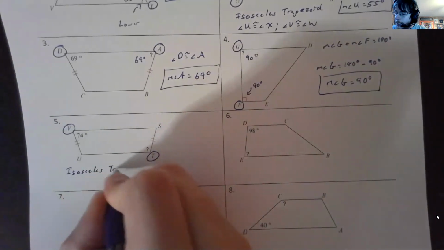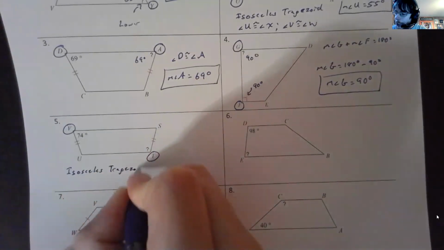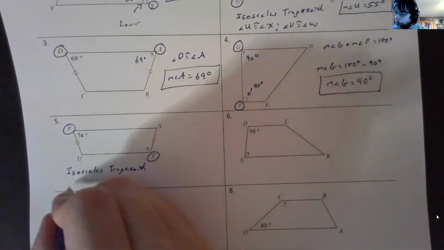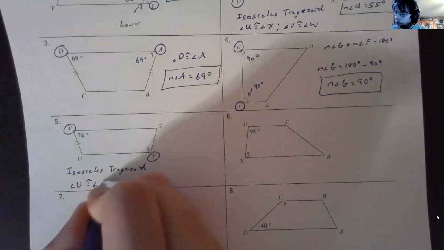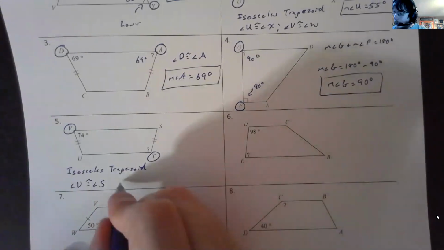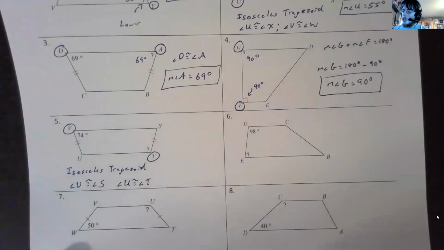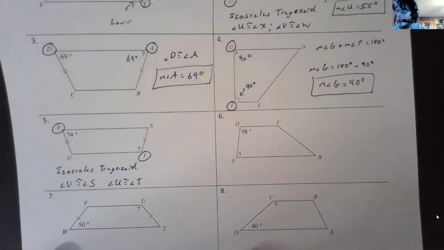Since this is an isosceles trapezoid, we know that the lower base angles are congruent. So angle V is congruent to angle S. And the upper base angles are congruent, so angle U is congruent to angle T. I'm going to find angle U, and that will give me angle T by default.